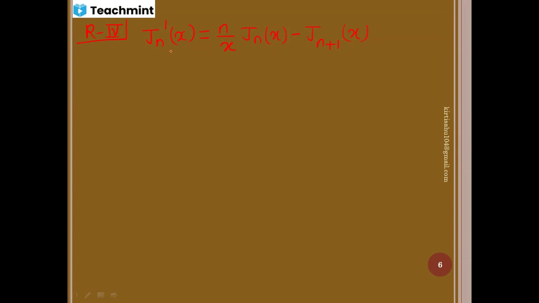So here Jn dash and Jn plus 1 are related, or it is also written sometimes as x Jn dash of x is equal to n Jn of x minus x Jn plus 1 of x.